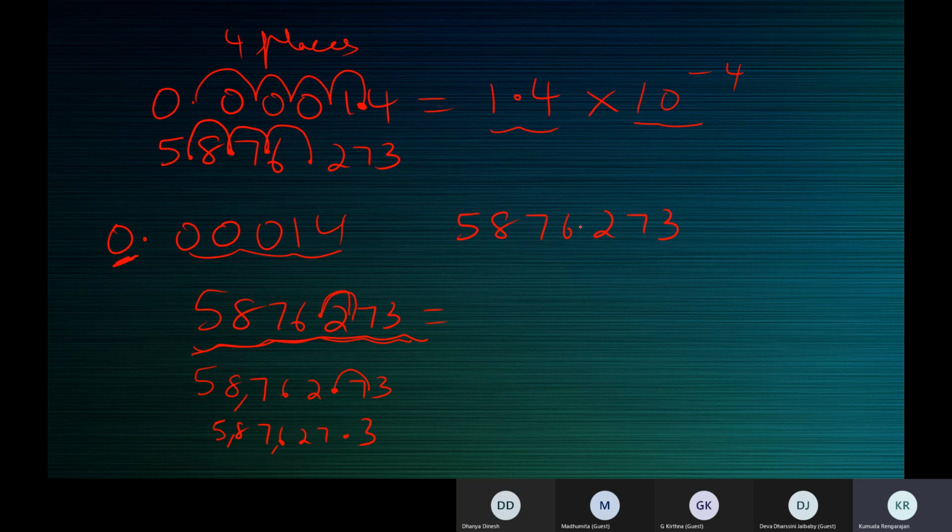The decimal point is actually here. Supposing you move it here and you stop, read the number: 587 point. That's more than 10. You move it here: 58 point something, it's more than 10. 5.876. Whatever be the decimal part, it's 5 point, so it is definitely less than 10.